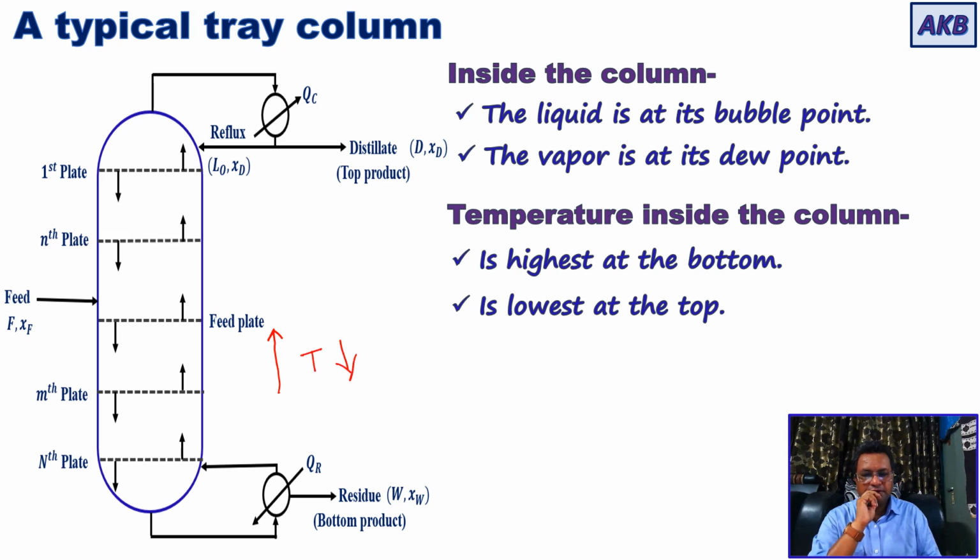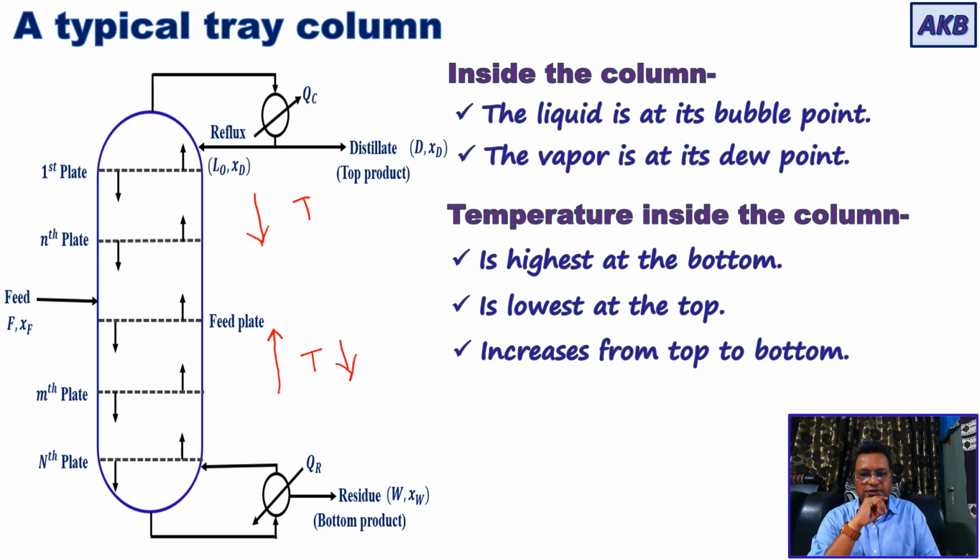Temperature decreases. So temperature is increasing from top to bottom. If you move from bottom to top, temperature is decreasing, and if you move from top to bottom, temperature is increasing. You always remember this.